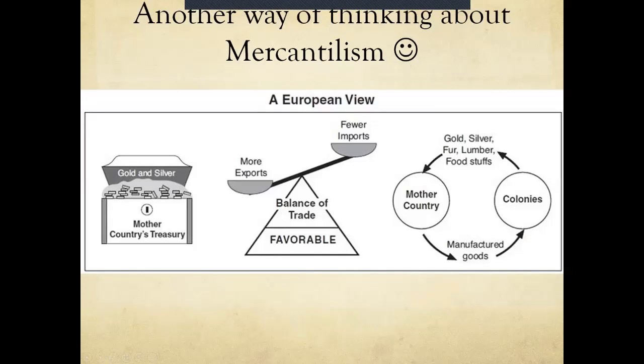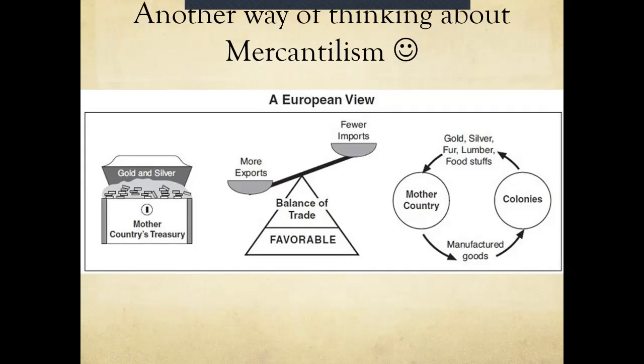All right, another way of looking at this is to think about gold and silver as being your profit. The way you're going to be gaining more of it is by not having to spend as much of it for raw materials. So if you're in England, which is a little island in the North Atlantic, and you don't grow your own raw material, whatever it is, right?